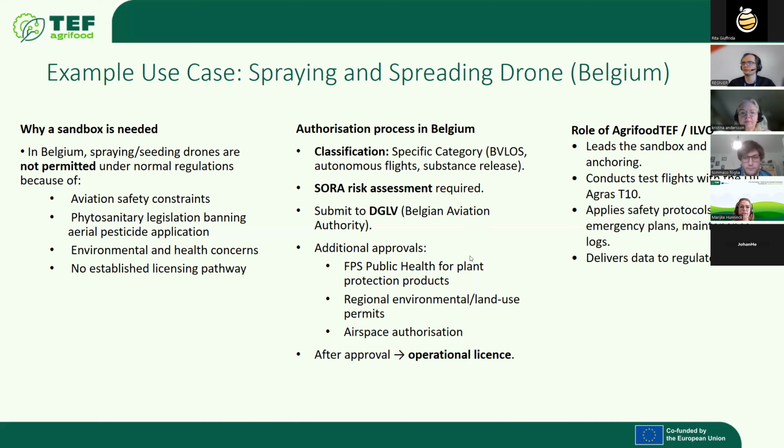Belgium has now gained an operational license and test flights have started to validate spray precision, safety procedures, and emergency protocols. ILVO leads the sandbox, conducting the tests with the DJI AGRAS T10, working within the temporary framework, implementing strict safety procedures and collecting data that will inform future policy.